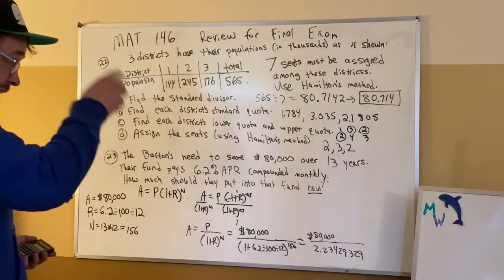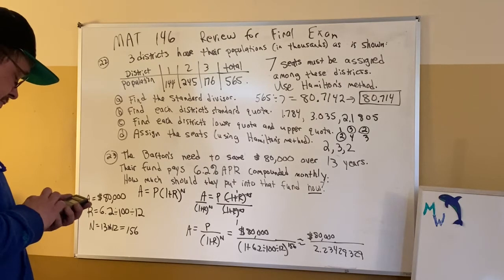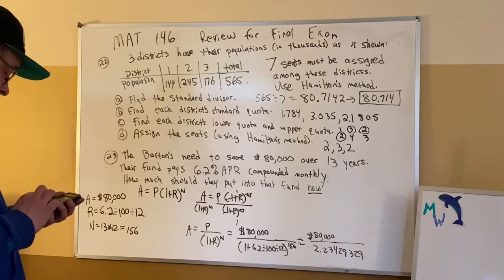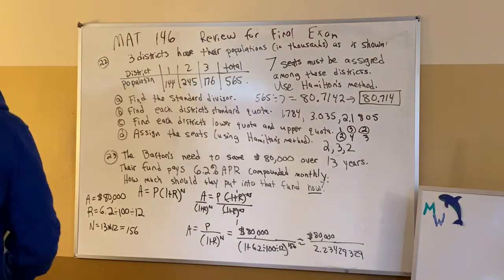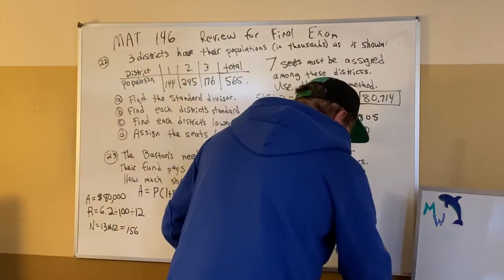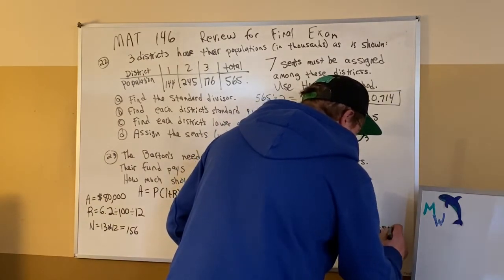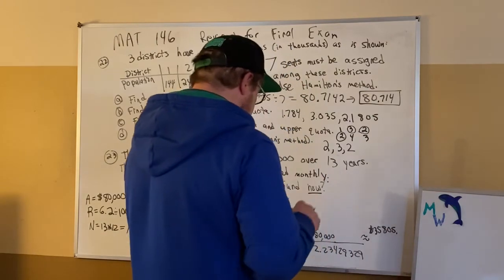But what I'm going to do is 80,000 divided by what my calculator knows. When I come around and see what that makes for me, it makes me 35805. For now, I'll write 3 decimals.